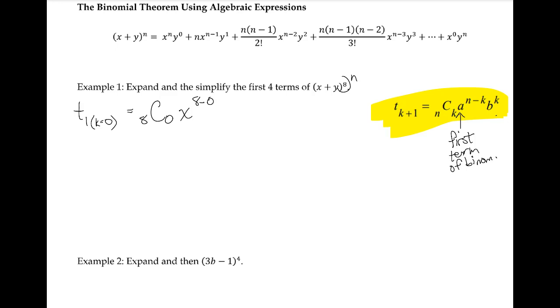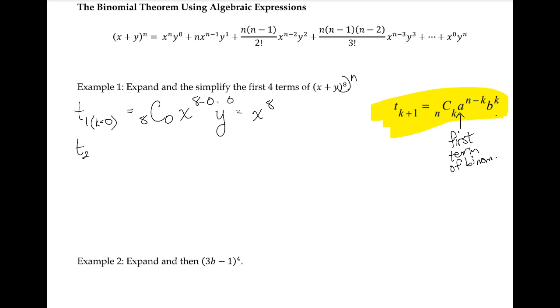And b is y, because that's my second term. And that's going to be just the power of 0. So I can do this. Anything choosing nothing is going to be 1, x to the power of 8, y to the power of 0 is 1. Okay, so it simplifies to that.